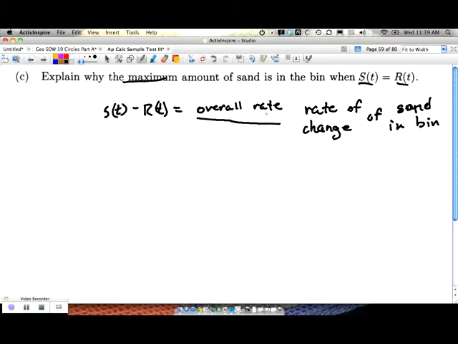So I know that when my rate of change equals 0, and it's increasing before and decreasing after, and it's 0 in between, that means I'm going to hit a max if it goes from increasing to decreasing.